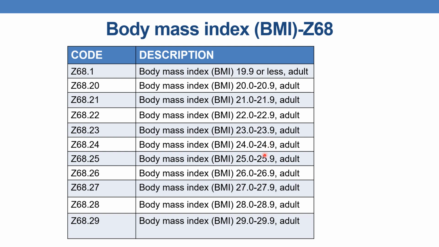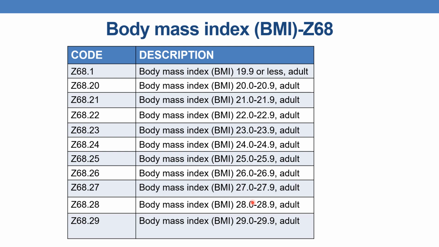The next is Z68.24, when the BMI is in the range 24.0 to 24.9. The next is Z68.25, when the BMI is in the range 25.0 to 25.9. The next is Z68.26, when the BMI is in the range 26.0 to 26.9.